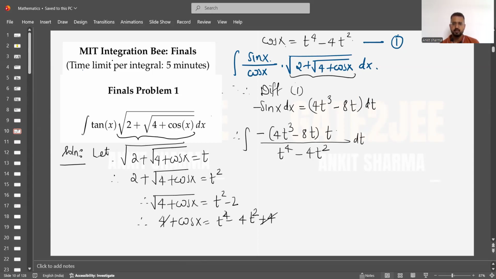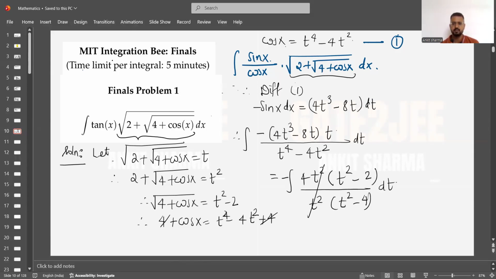So this works, and now I think we can take something common. I can take 4t square common. So this gives me t square minus 2. And here outside we have minus. And from the denominator, I could take again a t square common. So this gives me t square minus 4 and then dt.